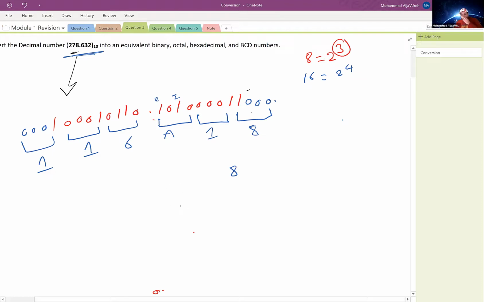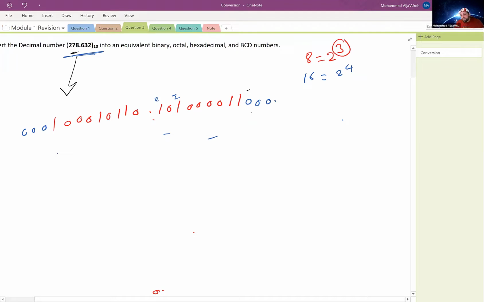Okay. Now the BCD number. Why do I need BCD, guys? BCD refers to binary coded decimal. Okay. So what does that mean? That means, you see this equivalent binary representation?